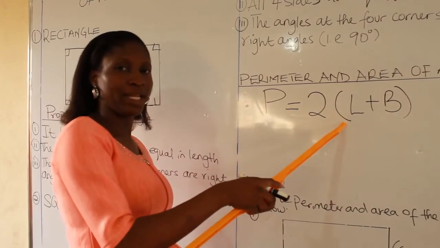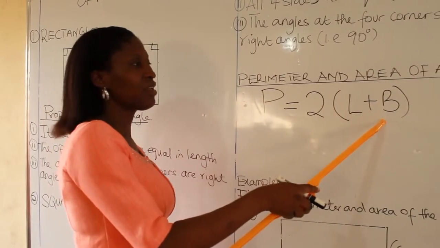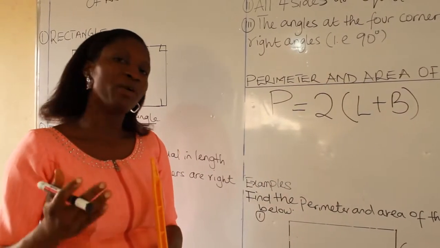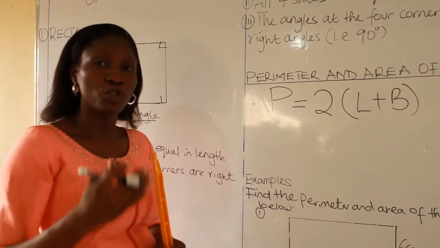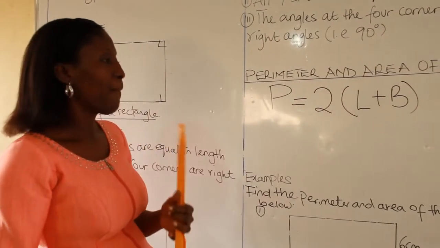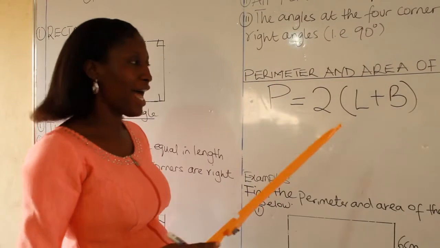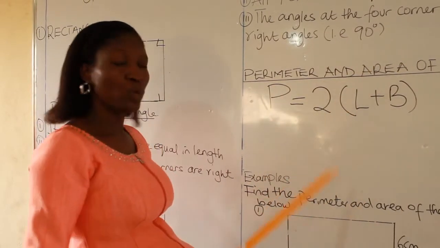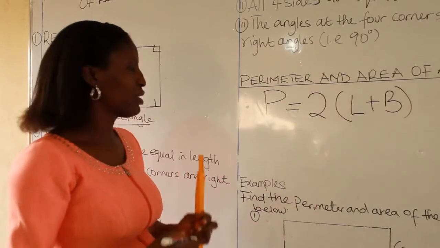L stands for the length and B stands for breadth, meaning that a perimeter has 2 length and 2 breadth.